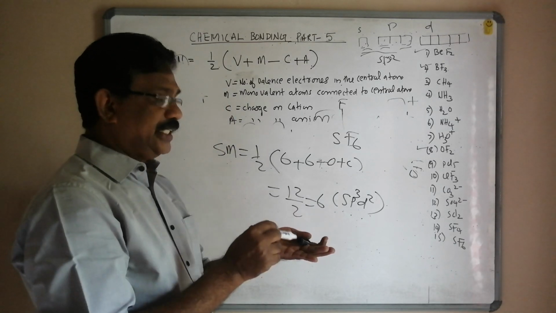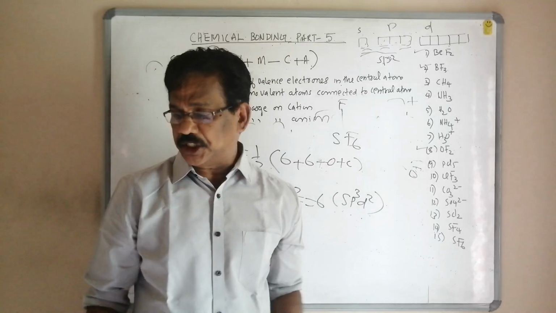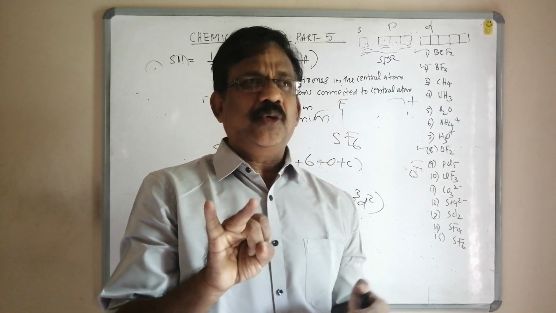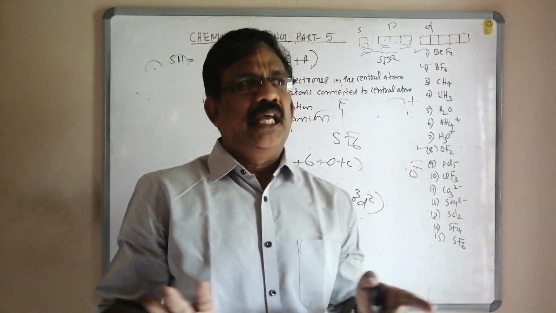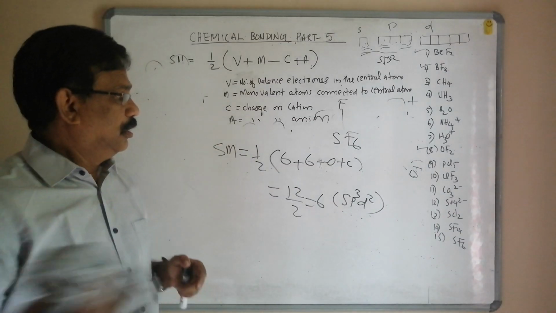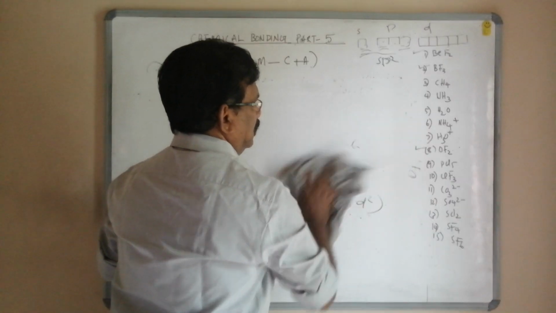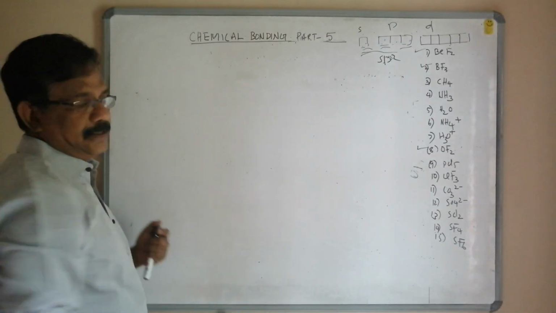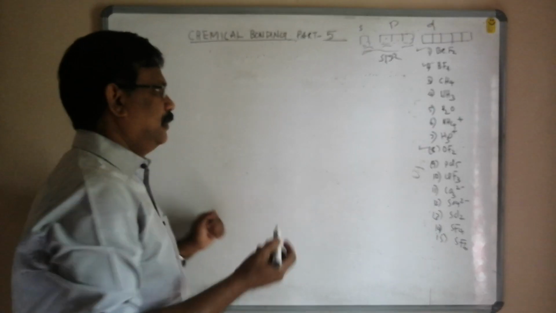So we can discuss this molecule in detail, the new hybridization. So far we discussed sp, sp2, sp3 and sp3d. A new hybridization, sp3d2. This is a shortcut method, SF6.